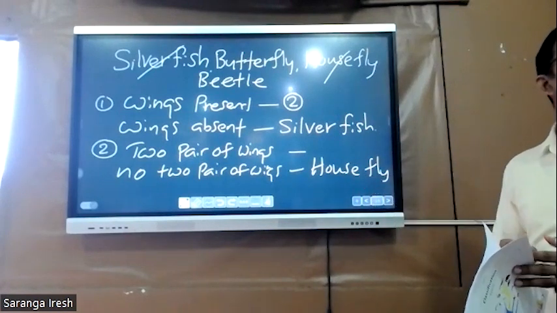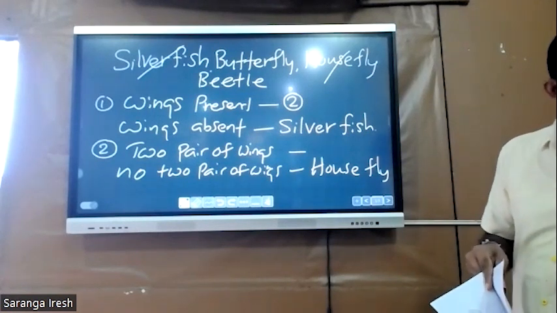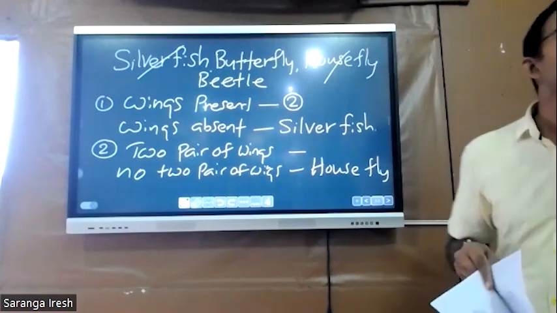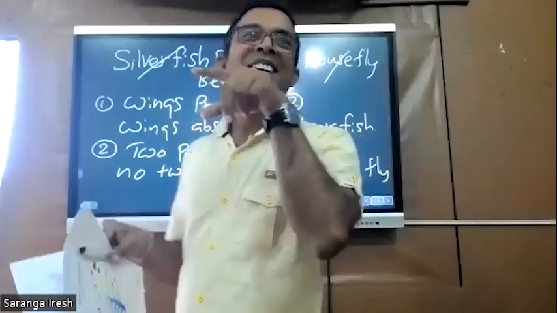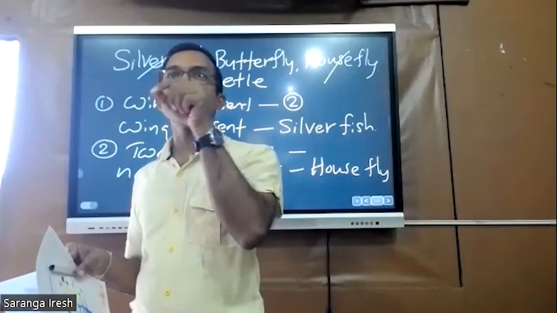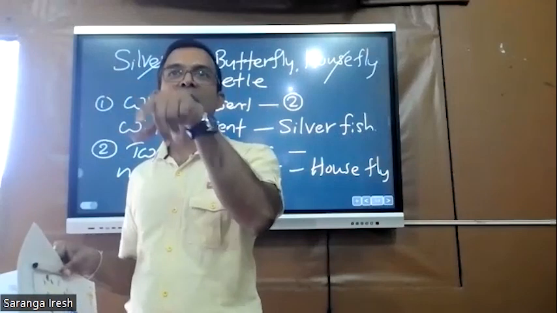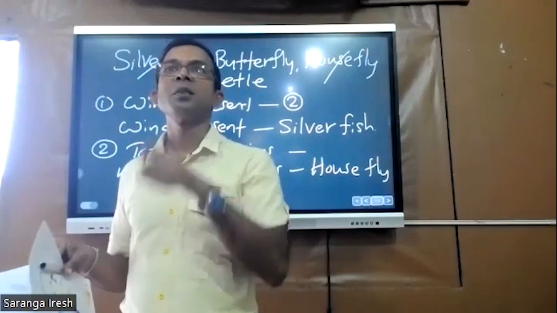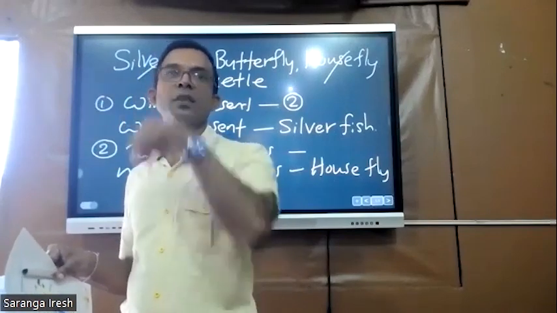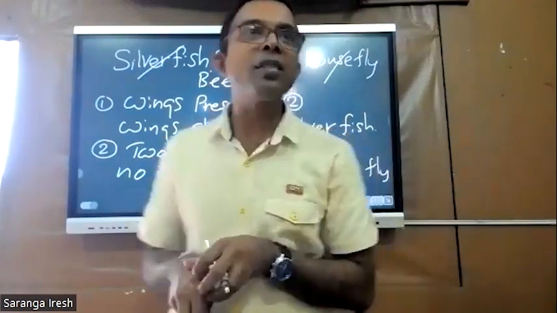Proboscis means what? Proboscis is the body part which is used to get honey. But does the beetle have a proboscis?